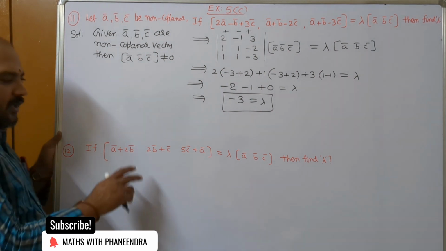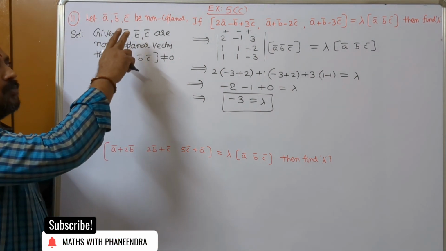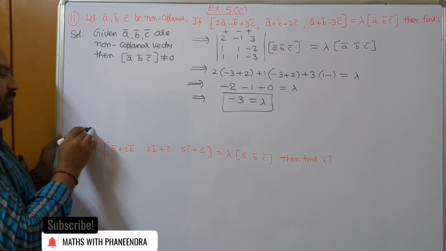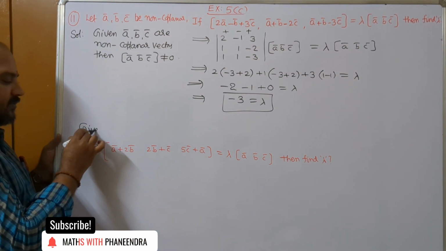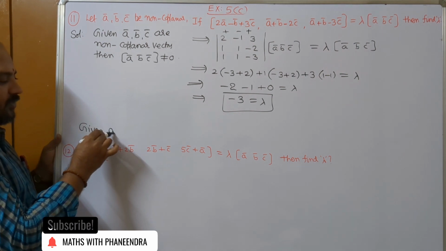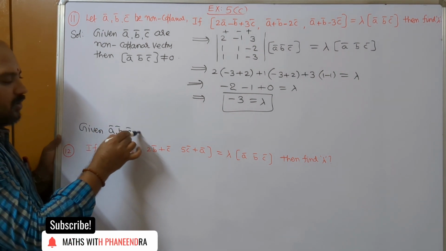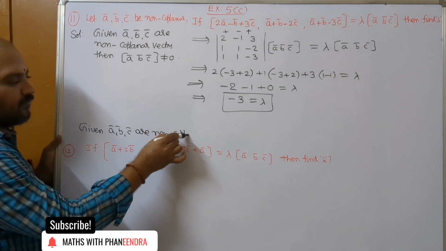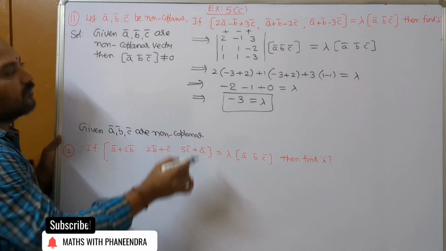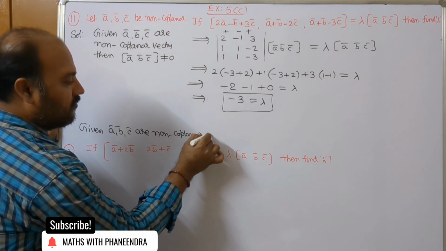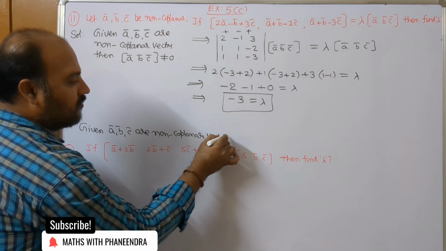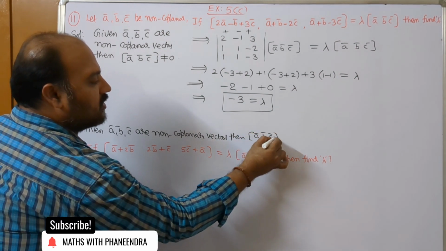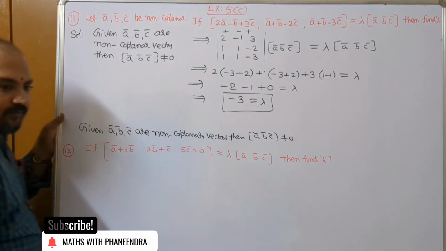Here also, similarly, A, B, C are non-coplanar means again we need to write here, given for the second question also, A bar, B bar, C bar are non-coplanar. Then box of A bar, B bar, C bar is not equal to 0.